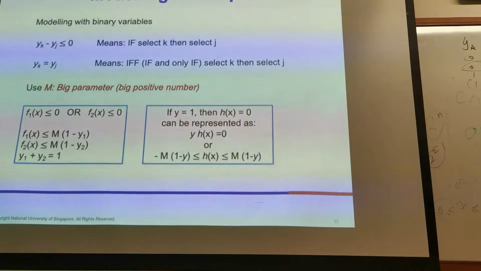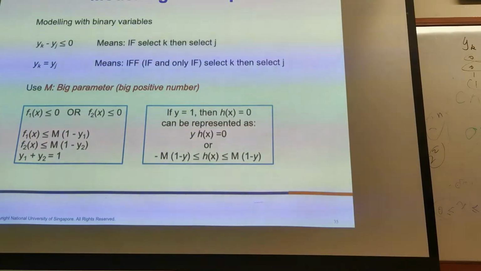So what does this mean then? I think it speaks in a very clear logical way. If I have yk minus yj smaller or equal than 0, it says if I select my yk, then my yj must be 1. If my first choice is 1, the second choice must be 1. So this way is right: if I choose one, I must choose the other.